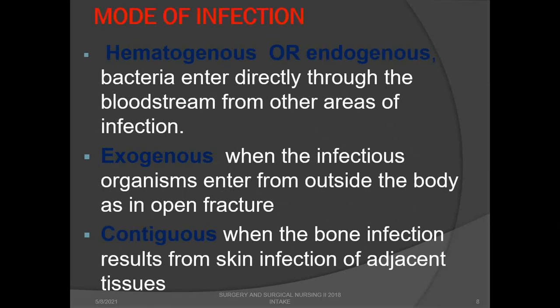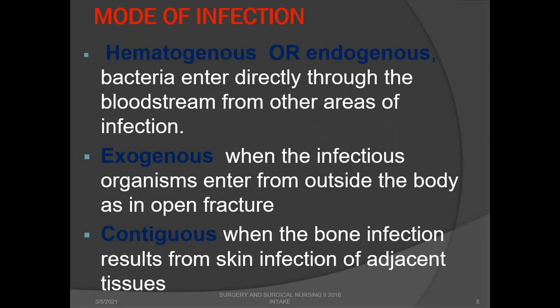So let's say you have an open wound somewhere on the finger. Then the bacteria enter, and are transported by the bloodstream to the long bones, where they go to infect the bones.